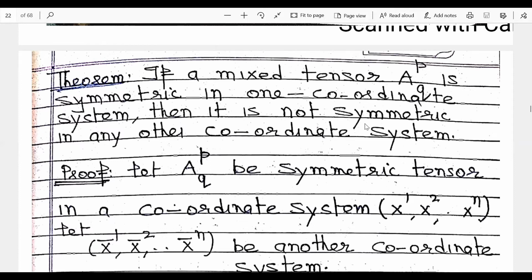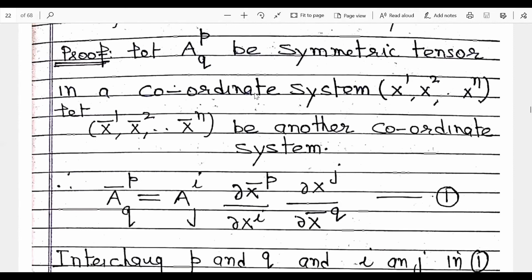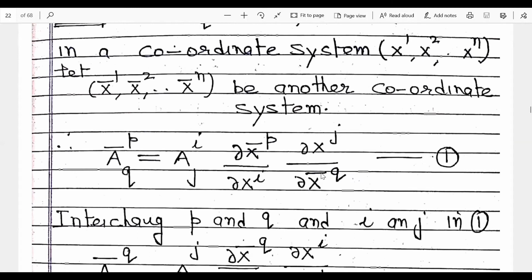In order to prove this result, let this be a symmetric tensor. Symmetric tensor means Apq is equal to Aqp. So this is symmetric in one coordinate system, and x bar is another coordinate system. This term can be written in this form by the law of transformation.